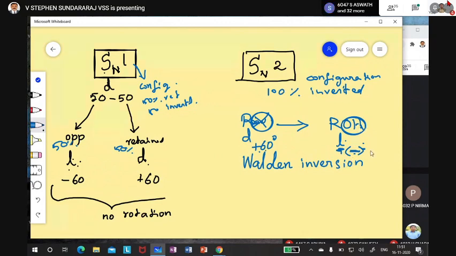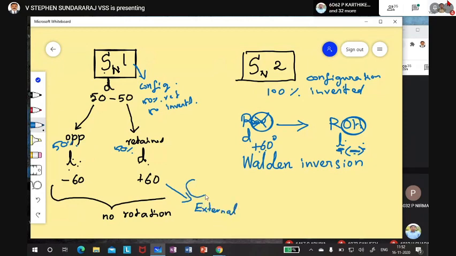So I have covered SN1 and SN2 in complete detail: reactivity order and stereochemical aspects. In SN1 the product is optically inactive due to the DL racemic mixture. For any competitive exam, the reason it is optically inactive is external compensation.